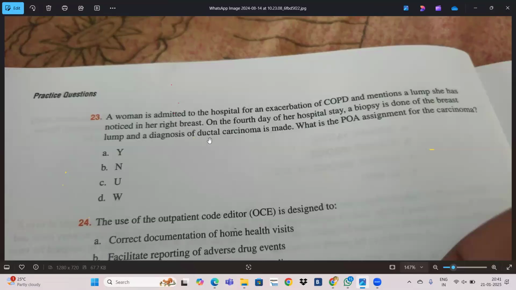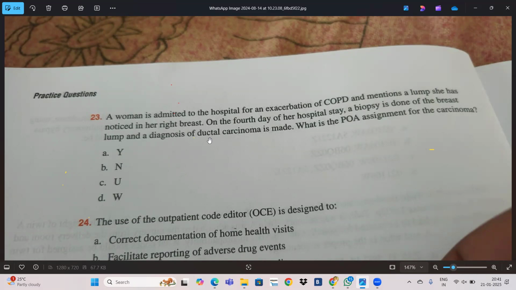Cancer was not developed in the hospital, right? Cancer will not develop so easily. It was just evaluated; they identified it was not a lump, it was cancer. So that cancer was present at the time of admission, right?